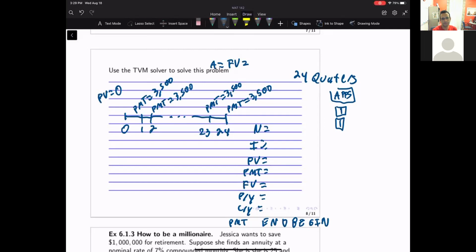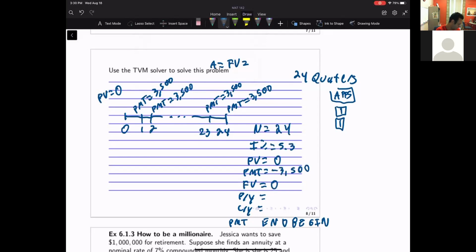N is going to be the amount of payments, so it's going to be 24. The interest, which we said was 5.3%. The present value, which is 0. The payment, which is 3,500. You have to use a negative for the TVM solver because you're giving money away to the bank. So that's a negative. The future value, I don't know what that is, so I'm going to put 0.